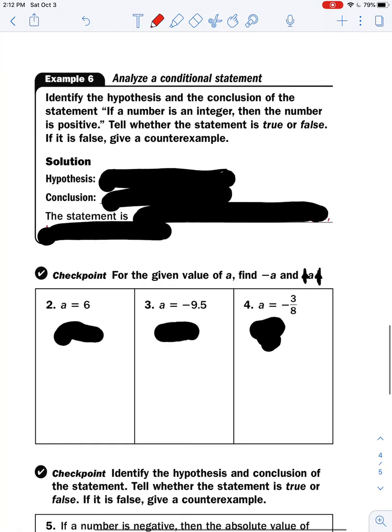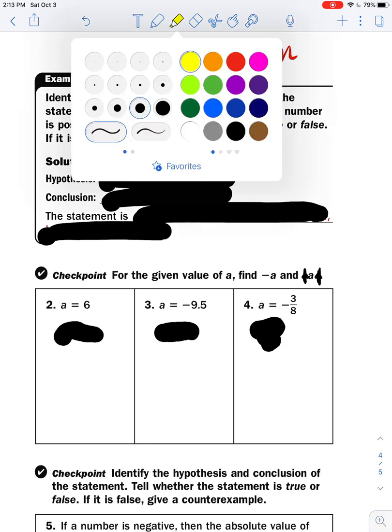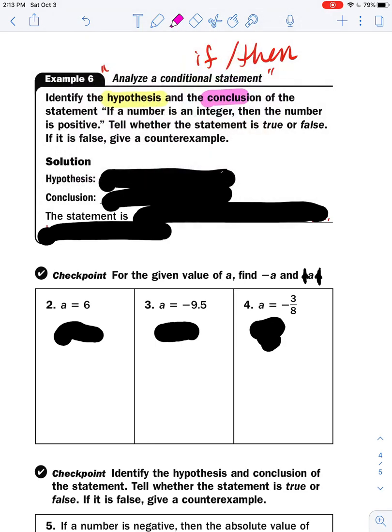Okay, so let's take a look at analyzing a conditional. That sounds really smart. We're going to analyze a conditional statement. Keep in mind, a conditional statement is really an if-then statement. So when it says identify the hypothesis, we'll highlight the hypothesis in yellow, and then we'll highlight our conclusion in pink.